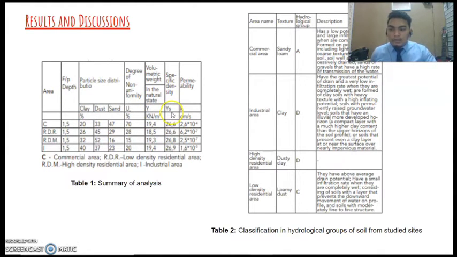Then in table 2 are presented the results of the classification in the hydrological group of the soil from the 4 sites in which the drillings were made. So this is table 2, the classification in hydrological group of soil from the study sites, the 4 types of place that they did the research.